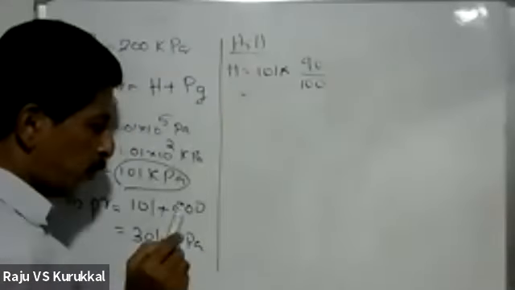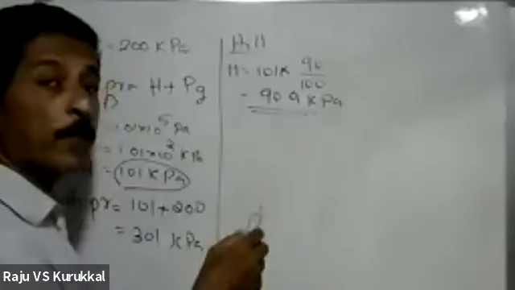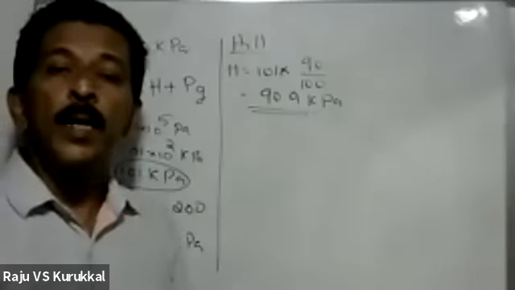What is the value of this? It comes to 90.9 kilopascal. This is the atmospheric pressure at the mountain.